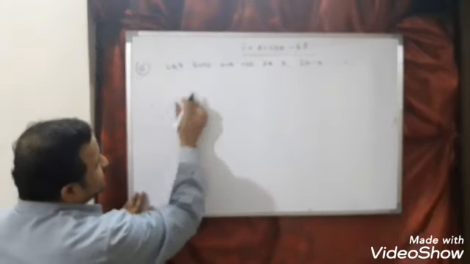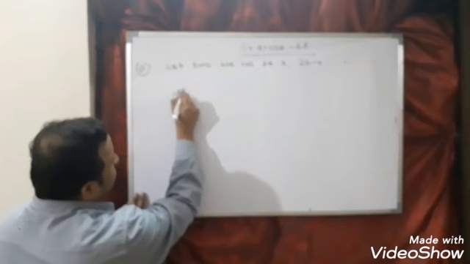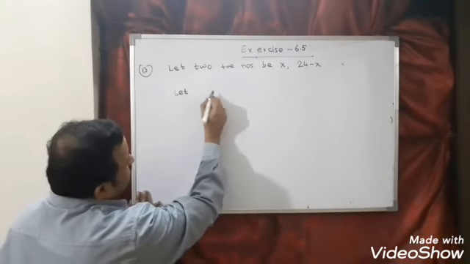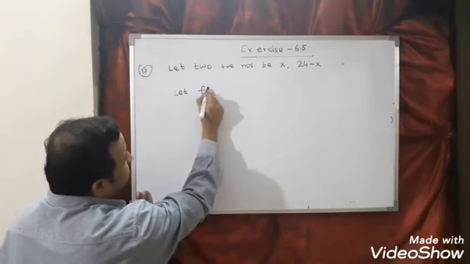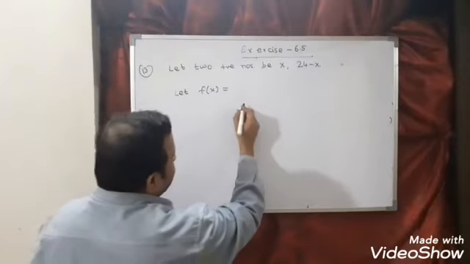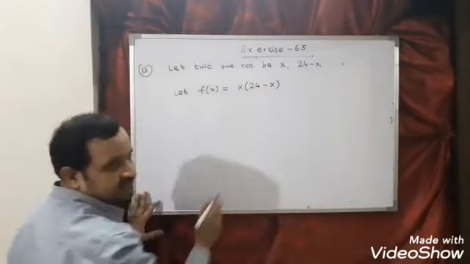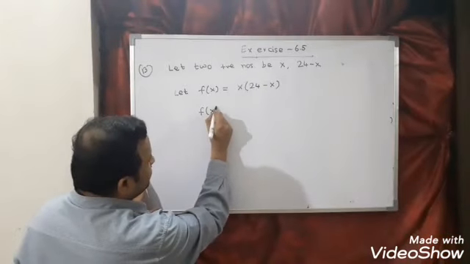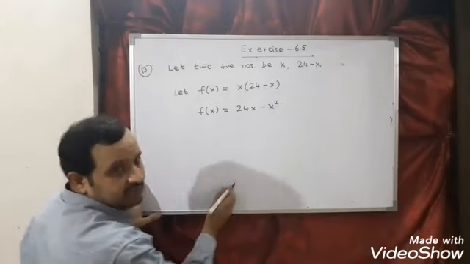So we can write, let f of x be the product, x into 24 minus x. We have to show that product is large. So f of x is equal to, expand, 24x minus x square.